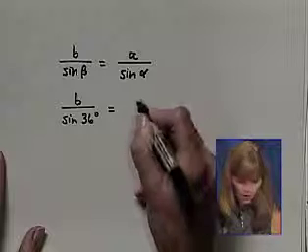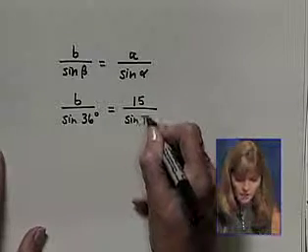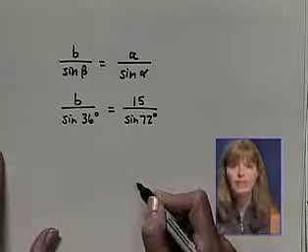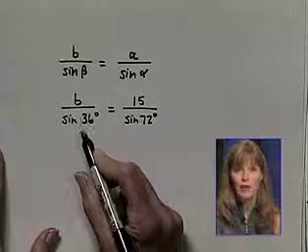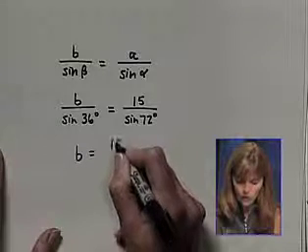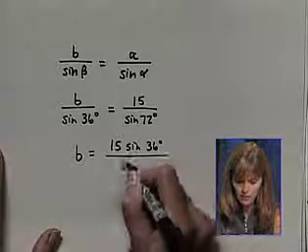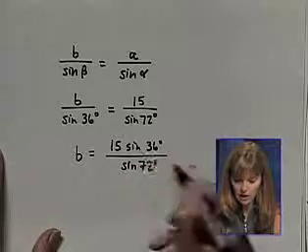That has to be equivalent to A, which was 15, divided by the sine of 72 degrees. Again, let's multiply through by this denominator in order to solve for B. B will then equal 15 times the sine of 36 degrees divided by the sine of 72 degrees.